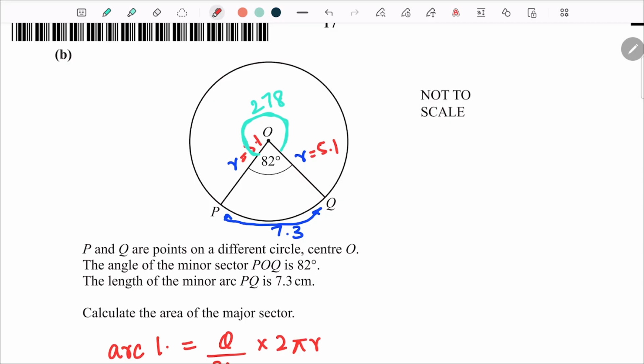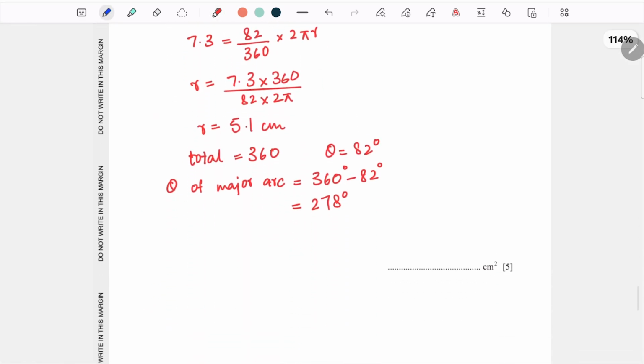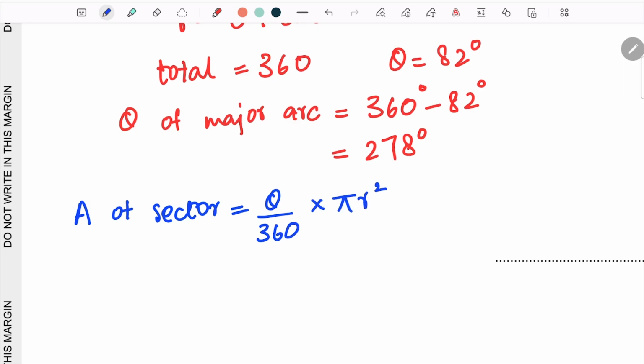Now I have the radius that is 5.1. I have the angle for the major sector that is 278. I'm going to put this in the formula for area of the major sector. Area of a sector is equal to theta over 360 multiplied by pi r squared.